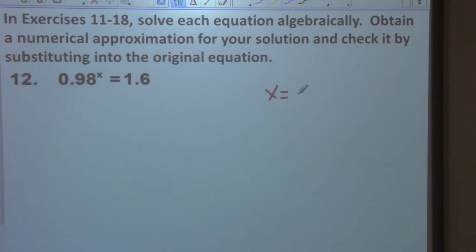Negative 0.043. Okay, which should be log. That's what you got? I got log 0.98 over log 1.6 equals x.